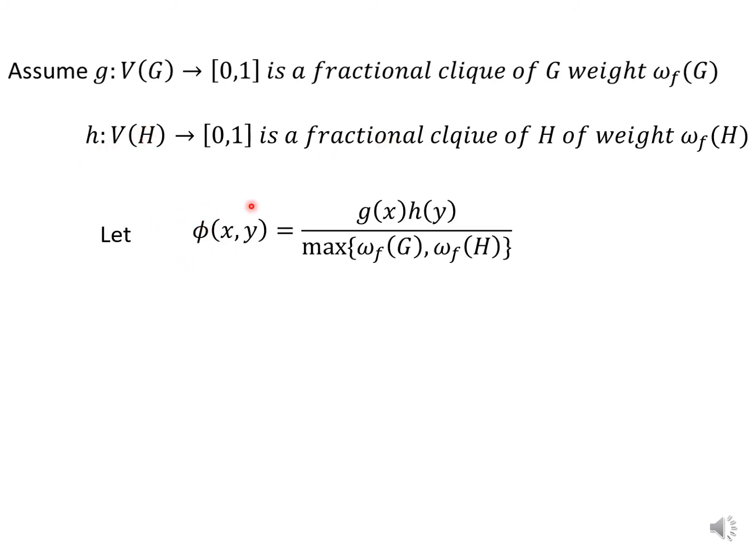Then we define phi(x,y) to be this: phi(x,y) is g(x) times h(y) divided by this number. So (x,y) is a pair, and this is a vertex of the product graph. So phi is a weight assignment to the vertices of the product graph.